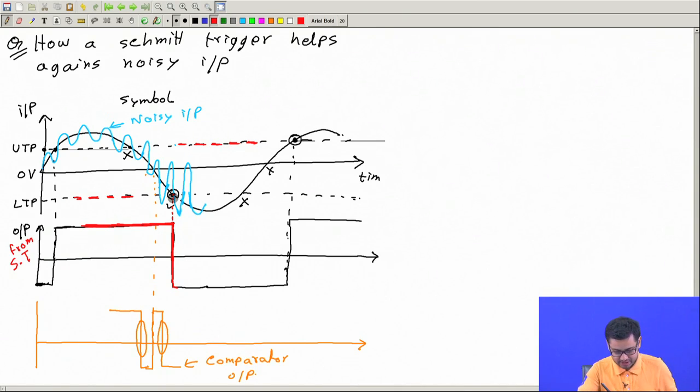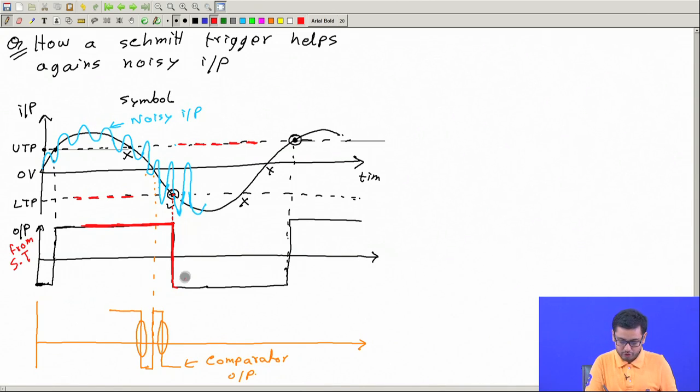So even if the input is actually crossing the lower trigger point several times, going above and going below it, the lower trigger point is not active. We are not comparing with the lower trigger point, we are comparing with this level.